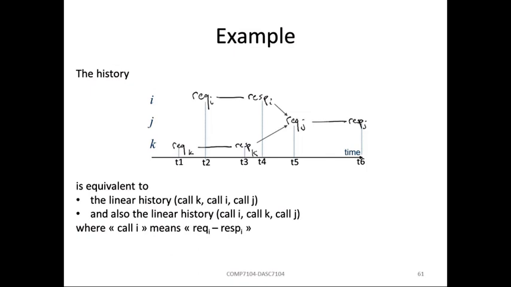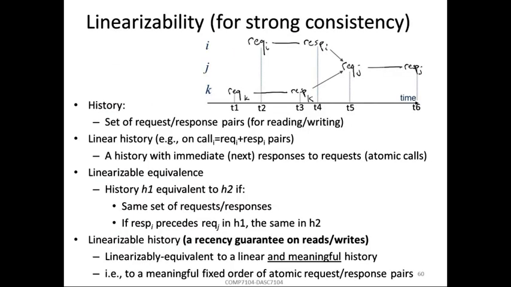Now once again, in order to decide whether a history is linearizable, we also have to clarify whether it is meaningful. And this is something that we did not bring in our example. We are not saying what each request is. Is it about reading or writing something? What is each response? Is it about returning what value or what acknowledgement, and so on.